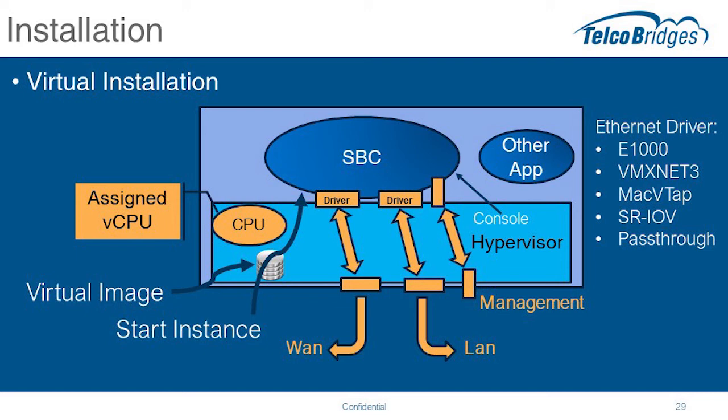The virtual image is loaded somewhere into the hypervisor group. It may not be exactly like this, but you have your image stored somewhere, and then you can start your instance of SBC by choosing the virtual image and the parameters for it.